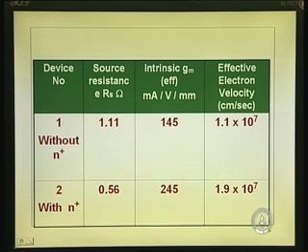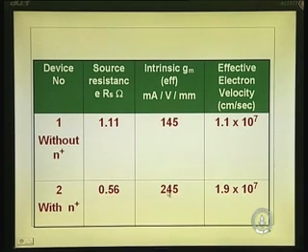I just quickly went through this in my last lecture, so I thought I would go through it again. Without the N plus, the corrected intrinsic GM0 is 145 milliampere per volt per millimeter width, and with the N plus it is 245.